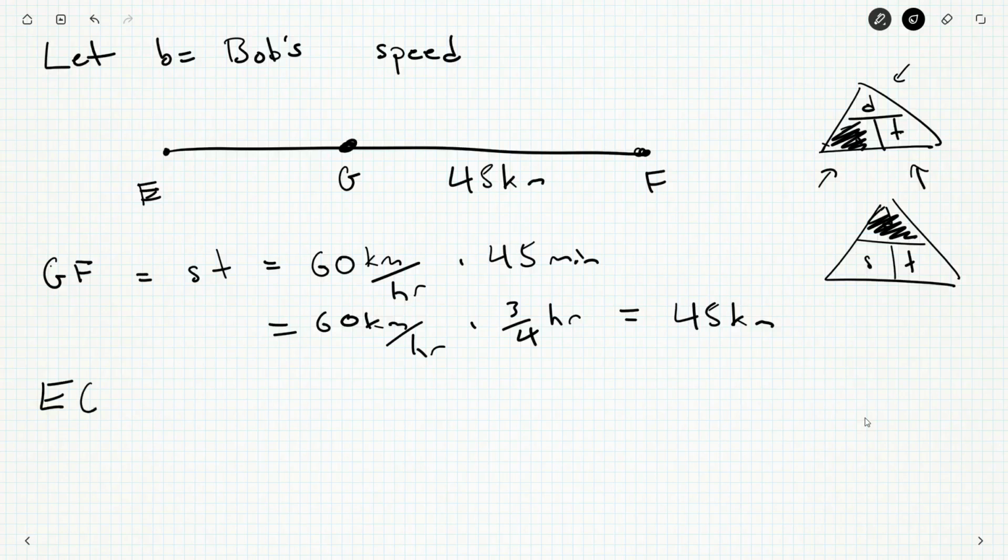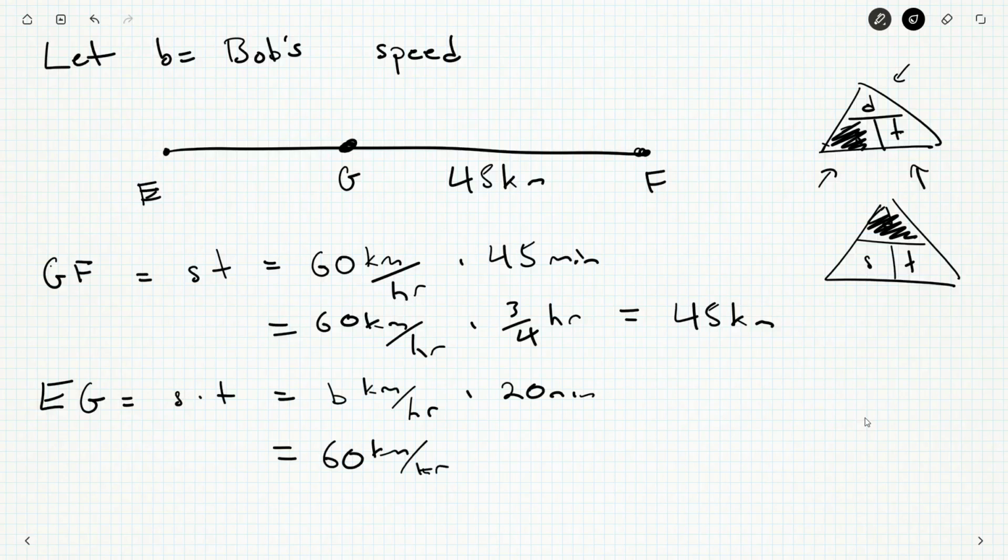So EG should be Bob's speed times time. So that's B kilometers per hour times 20 minutes, but I can change that into 1/3 of an hour. Yeah, 20 minutes over 60 minutes. Yeah, 1/3 of an hour. Okay.